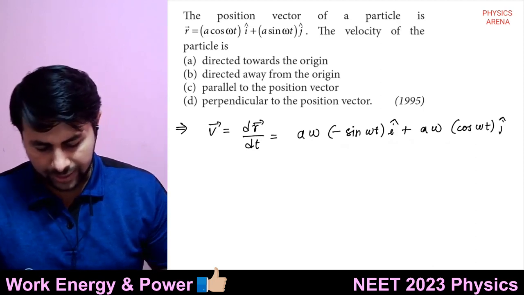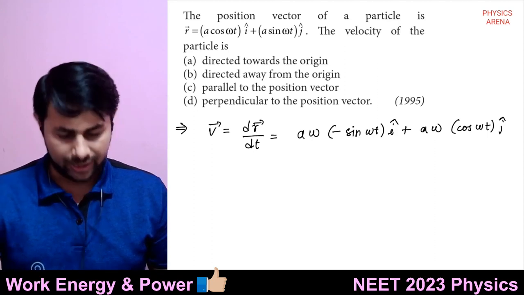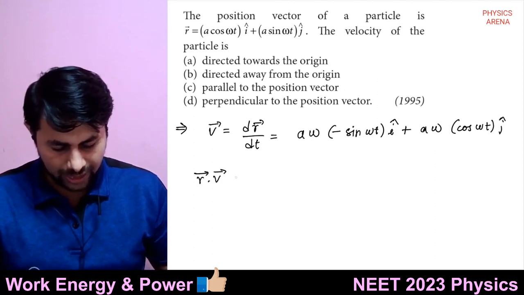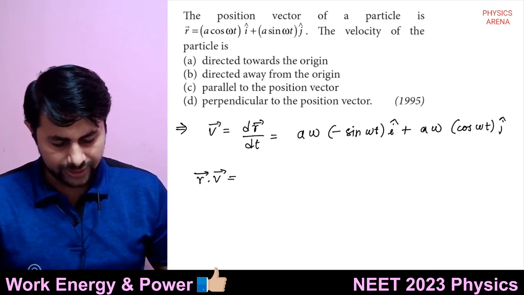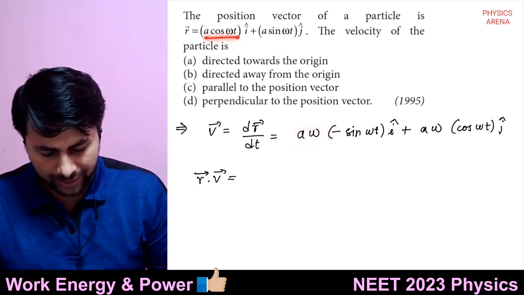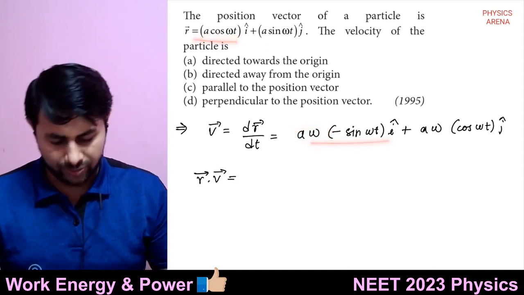Now we want to find out whether r bar and v bar are perpendicular to each other. So we'll take their dot product, r bar dot v bar. So a omega multiplied by this thing, its dot product with this.